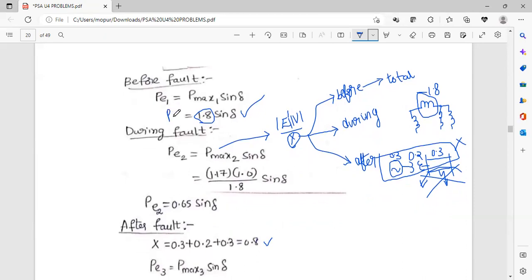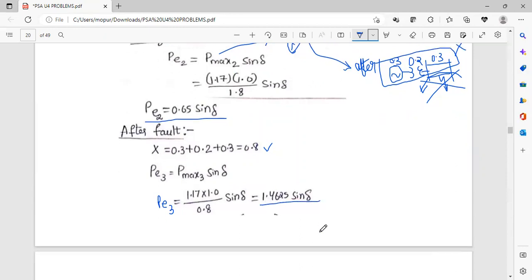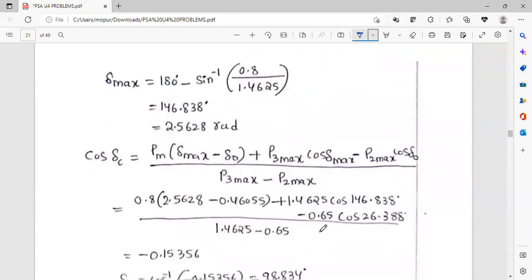So you will be getting 3 equations. I am taking PE1 as the power angle equation before fault, PE2 as the power angle equation during fault, and PE3 as the power angle equation after fault. This is PE3, this is after fault. Now, the formula for del max, in the previous case was 180 minus del naught.